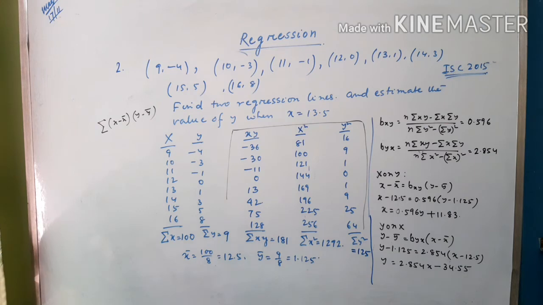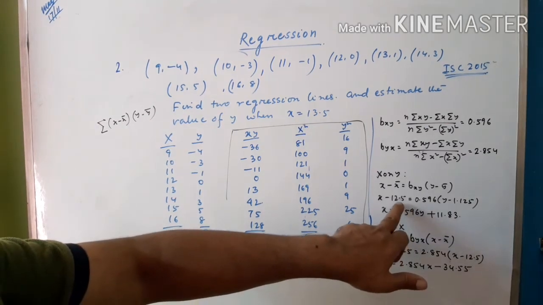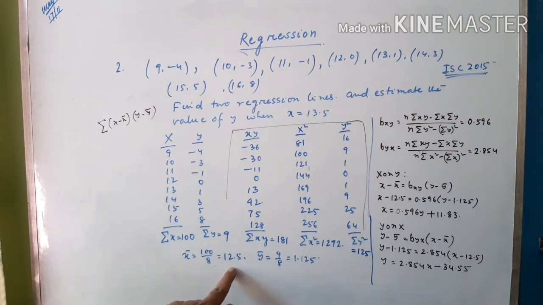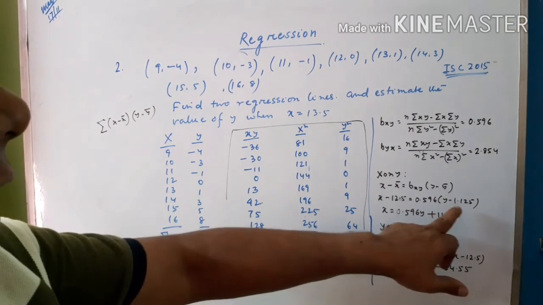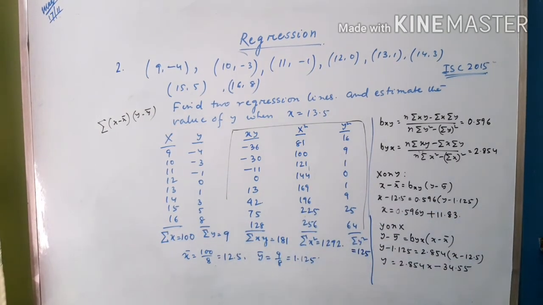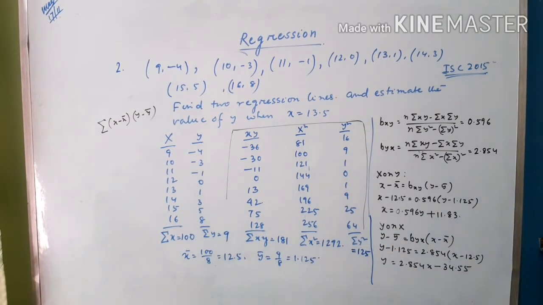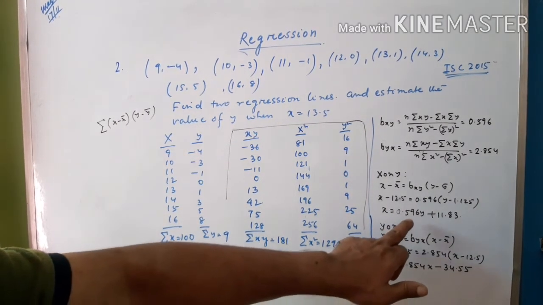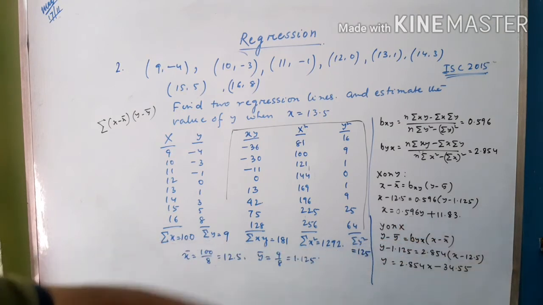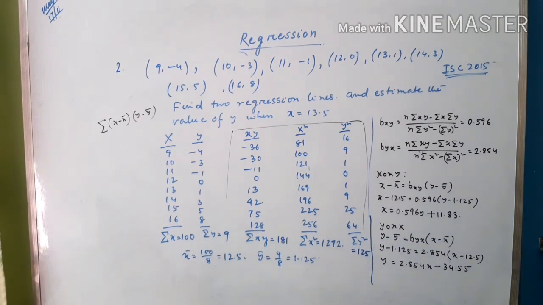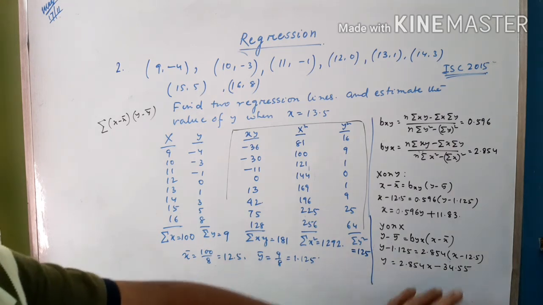So putting all these values, x bar has value 12.5, y bar has value 1.125. So I am getting the simplified form of the equation x equals 0.596y plus 11.83, which is the equation of x on y, or x is to be estimated based on y. Similarly, the equation of y on x, or y is to be estimated based on x, is this one.